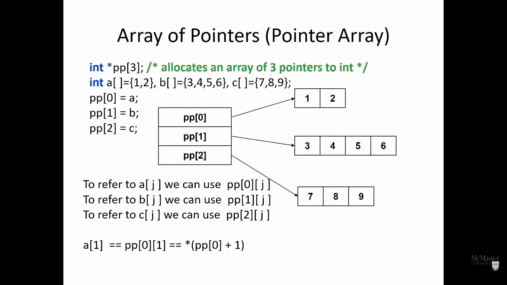So BB0[1] means BB0 is pointing to the first element of this array, and 1 is going to point to the element afterwards, right? And this is equivalent to this thing. BB0 is a pointer. You do pointer arithmetic, which is +1. This is an address, and then you do the asterisk for dereferencing to take the value, right? So these 3 things are equivalent.